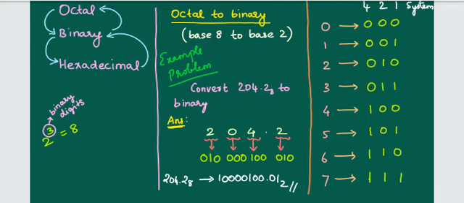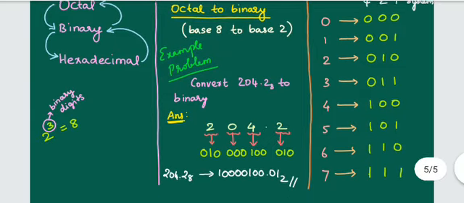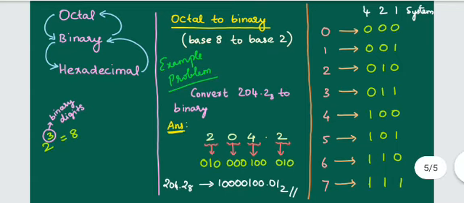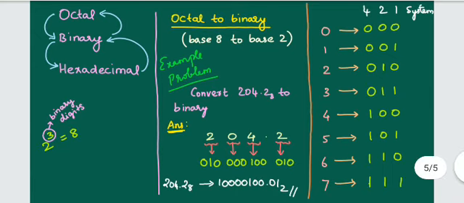We'll see an example problem. Convert 204.2 to binary. See, on the right hand side I have given the 4 2 1 system. With this 4 2 1 system only we are going to perform these conversions. Please remember, from octal to binary or from binary to octal, this 4 2 1 system is very important. Please remember these 8 values. Octal 0, equivalent binary value is 000.